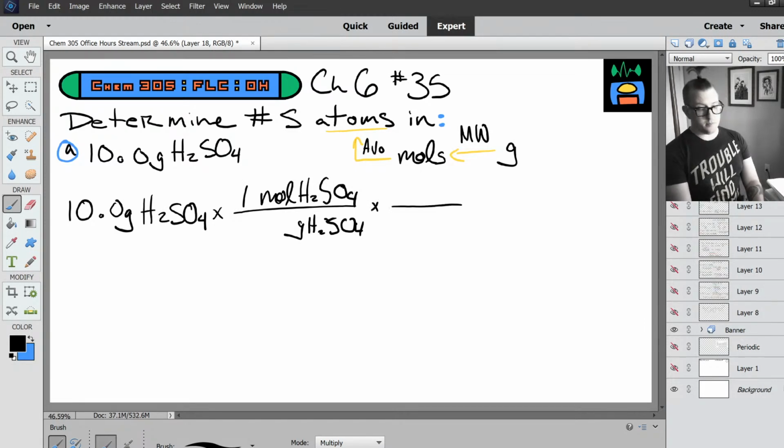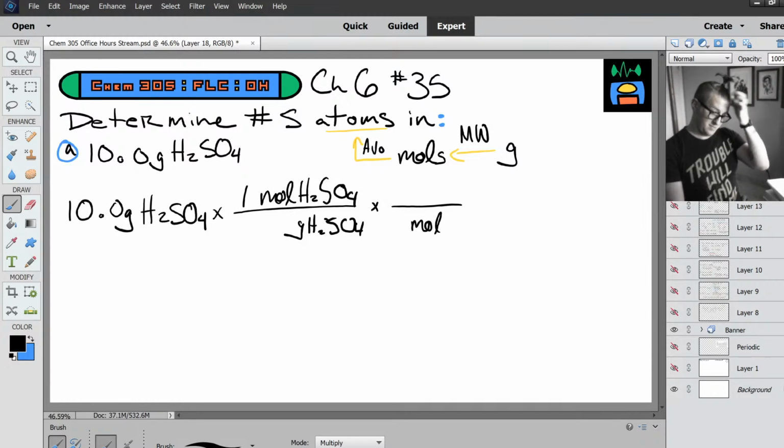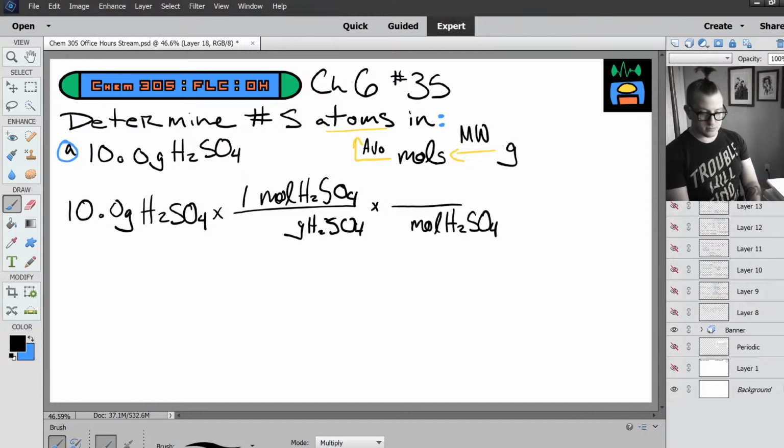Next, once we know how many moles we have of H2SO4, we have one additional step here. If we used Avogadro's number right now, we would just get molecules of H2SO4.